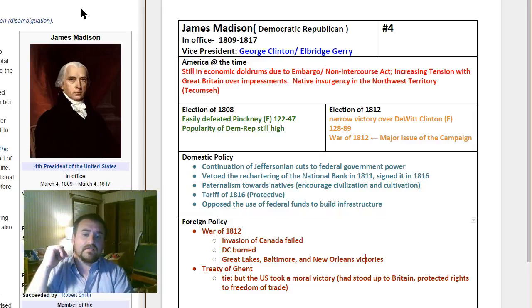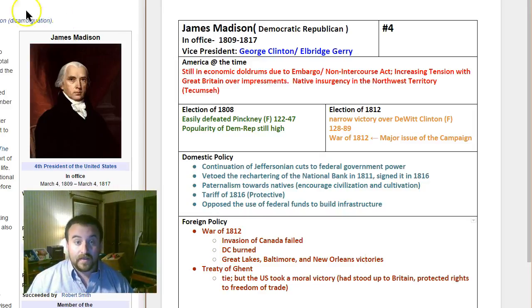James Madison is following up Thomas Jefferson. He is Jefferson's Secretary of State, in what will start to become a trend on two fronts. One is a former Secretary of State becoming president.